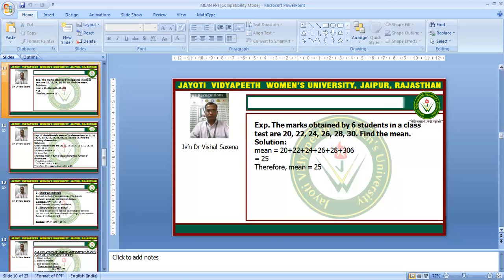So finally, when we take the addition of these, we get the mean value as 25. So mean is 20 plus 22 plus 24 plus 26 plus 28 plus 30 divided by 6. We divide by 6 because there are 6 students, and this mean value becomes 25.